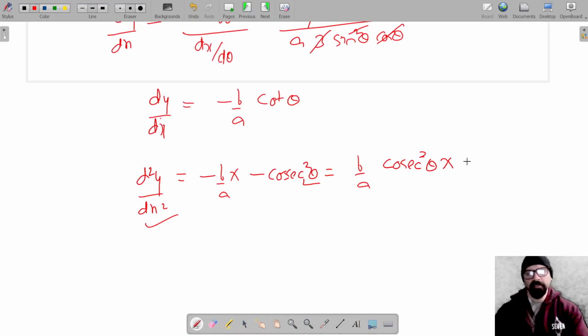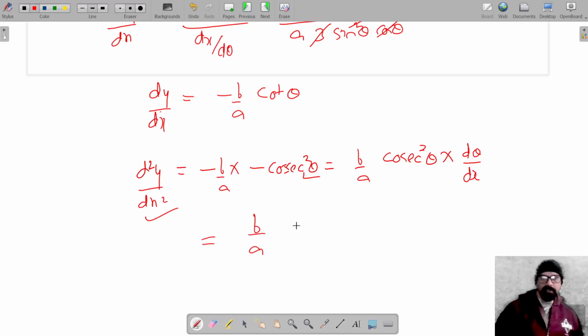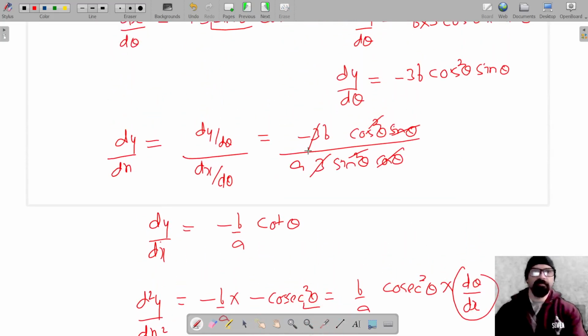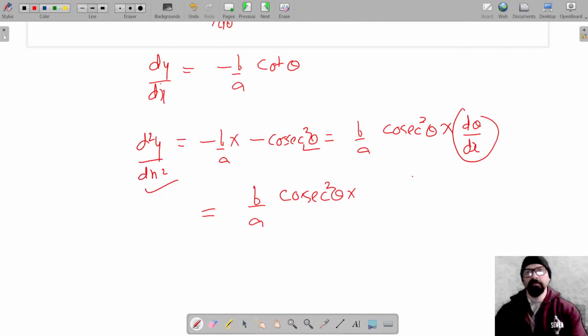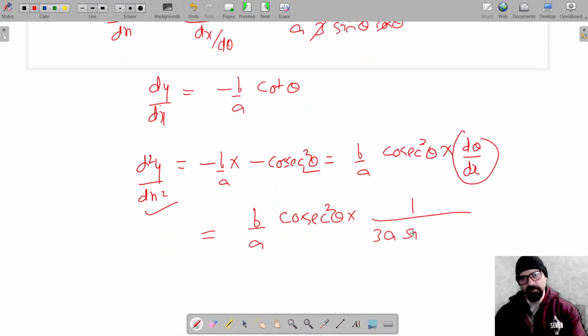So this has to be multiplied by d theta by dx. Now let's put in the value of d theta by dx. So this is b by a into cosecant square theta. Now d theta by dx: this is dx by d theta, so d theta by dx would be 1 upon it. So this is 1 upon 3a into sine square theta into cos theta.